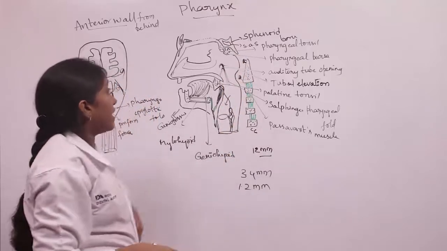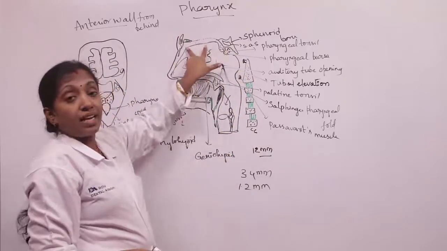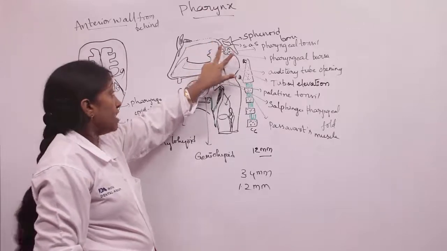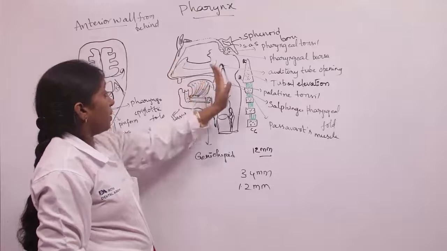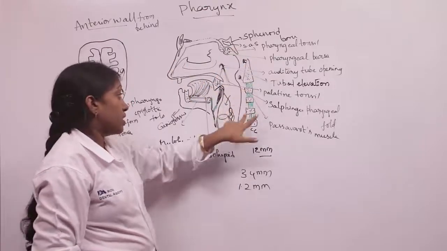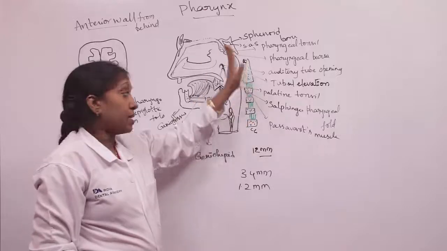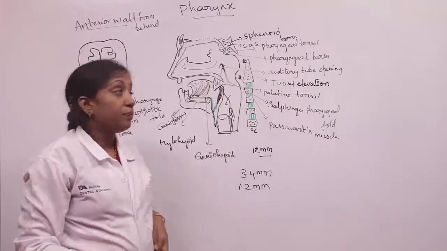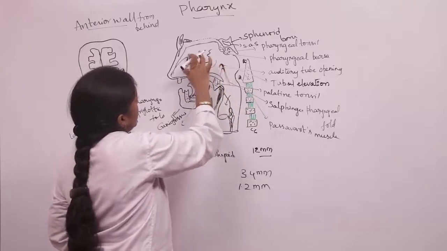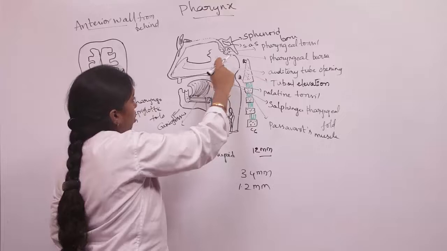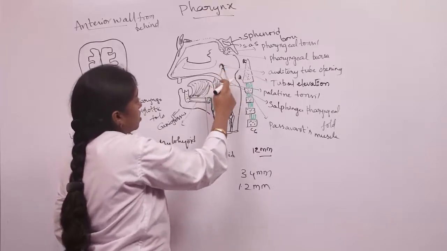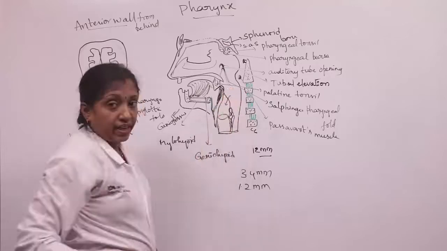So the pharynx is bounded above by the basilar part of the occipital bone, sphenoid bone, and anterior arch of atlas. Behind, it is related to the upper 6 cervical vertebrae and pre and paravertebral muscles covered by the prevertebral fascia. In front, it communicates with the nasal cavity through choanae, oral cavity through oropharyngeal isthmus, and laryngeal cavity through laryngeal inlet.